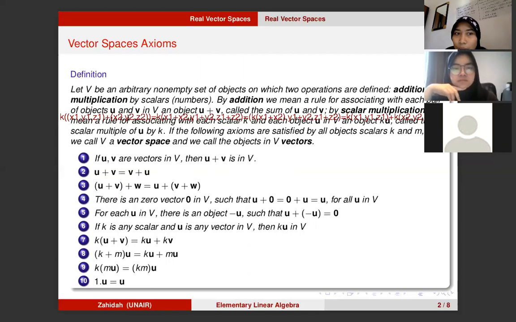And (x2, y2, z2), this is our v, right? Oh, okay. So if we take k times (u plus v) here, okay, let's... we cannot move this text, right? Or, wait, select.